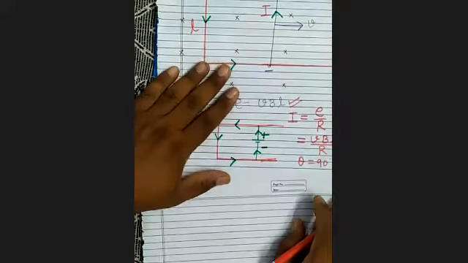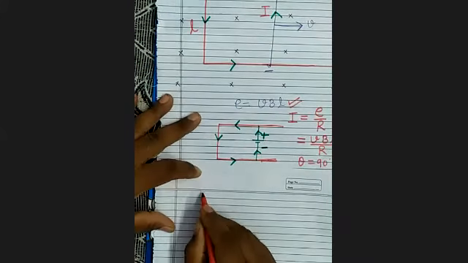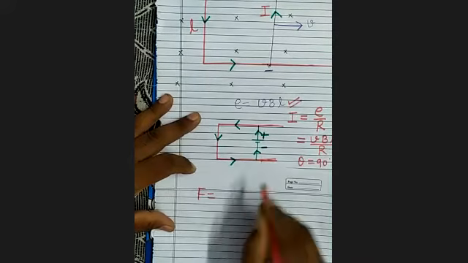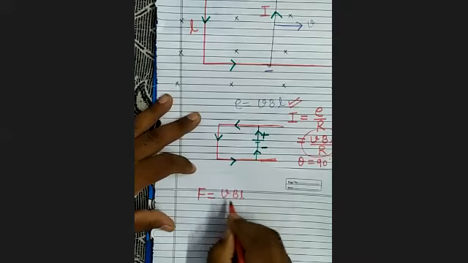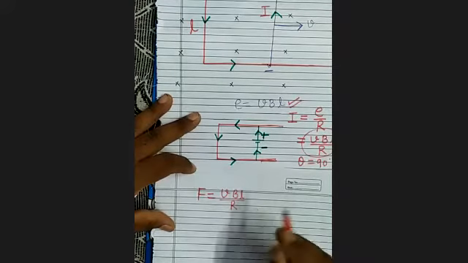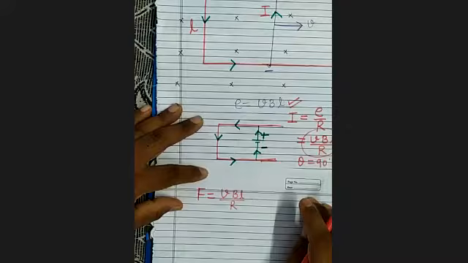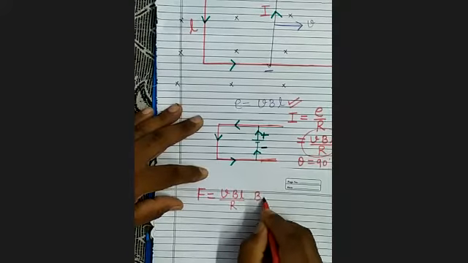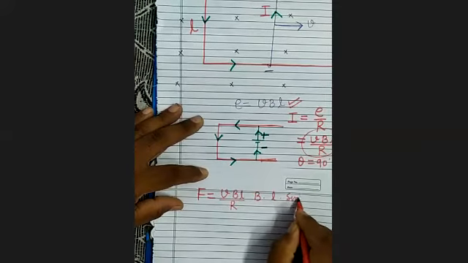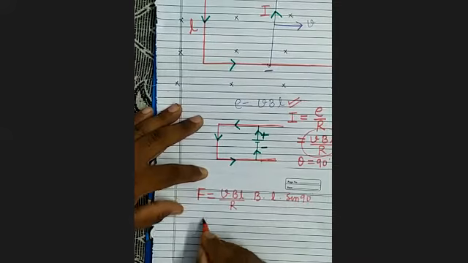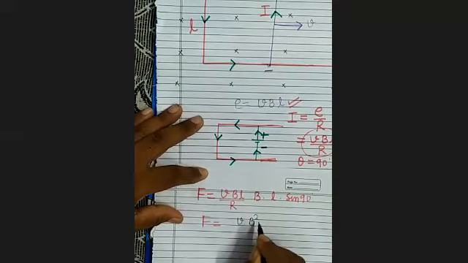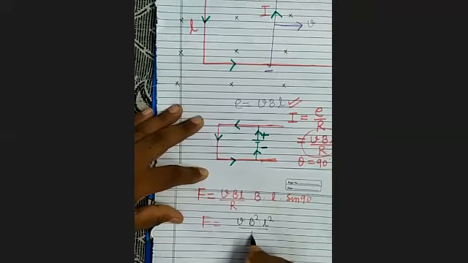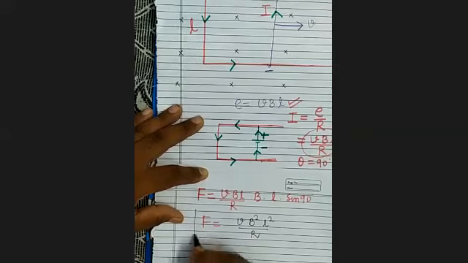F equals to I, you have determined this, VBL upon R. It's clear. This is I. What is B? B is this, L into sine 90. When you will simplify, force will be equal to B square L square V upon R. This will be the magnitude of force.